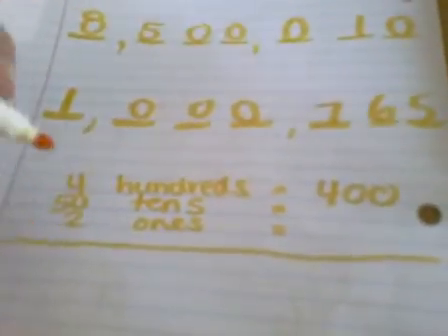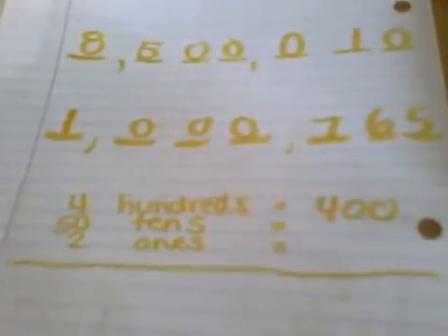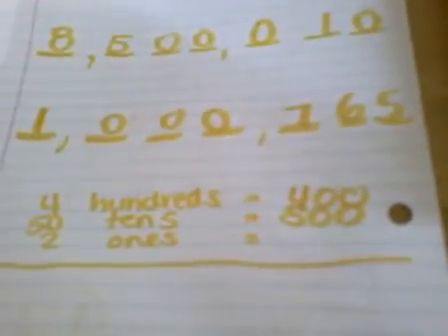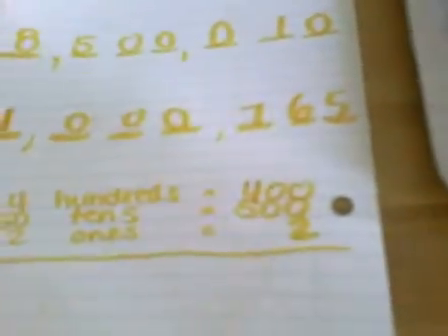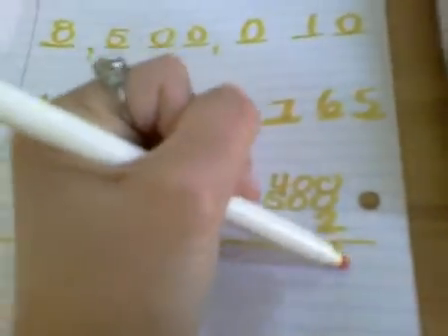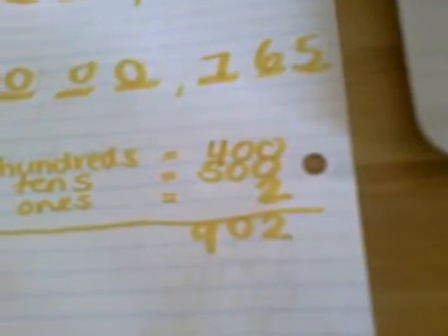It's 4 hundreds, 50 tens, 2 ones. So the value of 4 hundreds, you got it, 400. 50 tens. If I had 50 $10 bills, I'd have $500. 2 ones, $2. Add these all together to get 902.